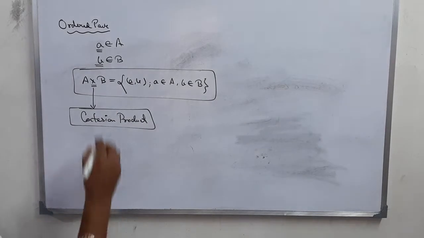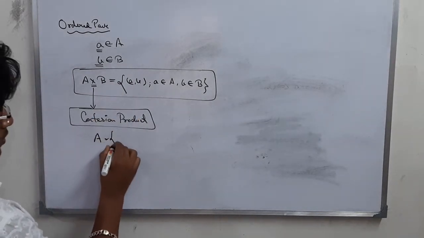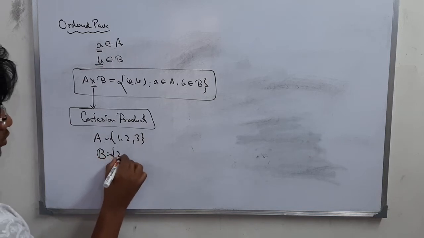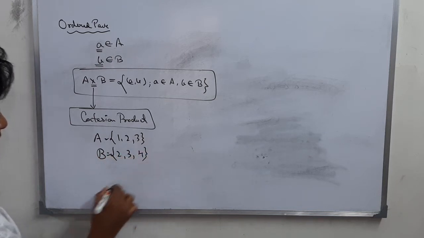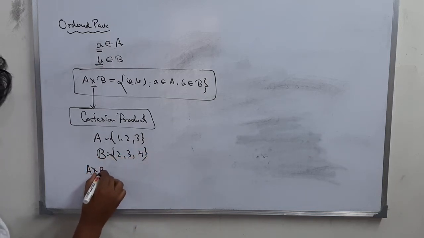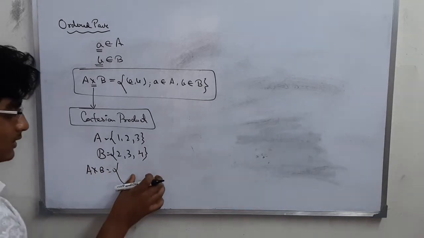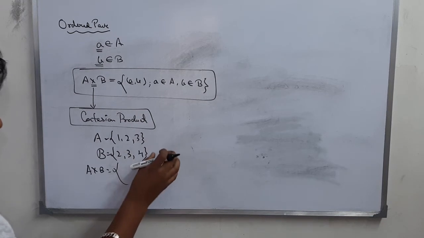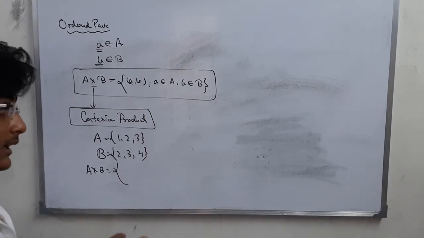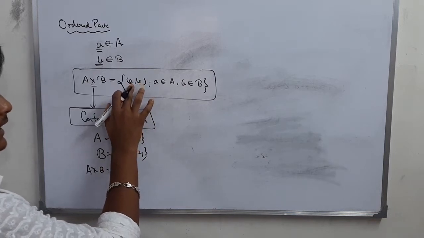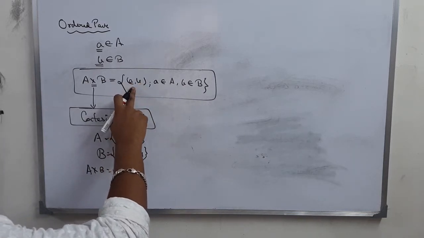For example, if A equals {1, 2, 3} and B equals {2, 3, 4}, then what will be A cross B? A cross B will be all ordered pairs of elements of A and that of B. Now, to be observed that the element of A is always the first element, right?